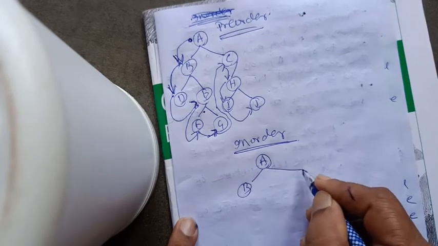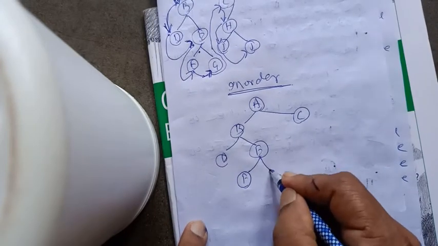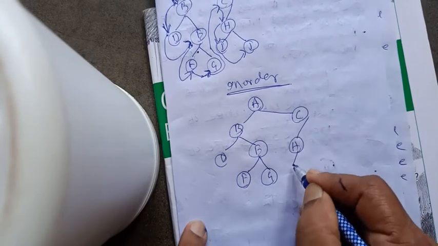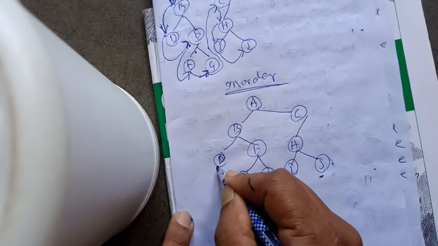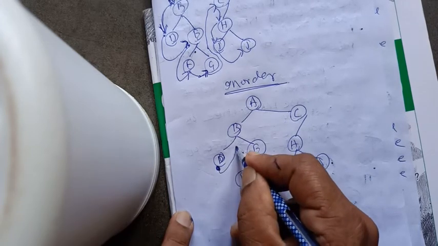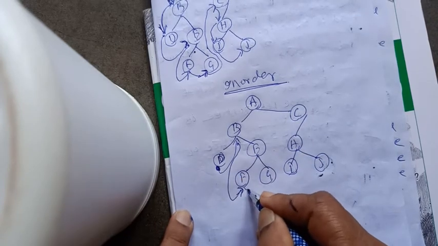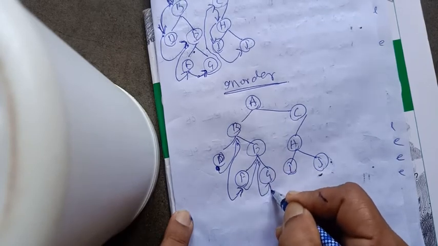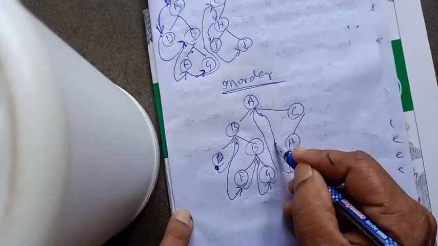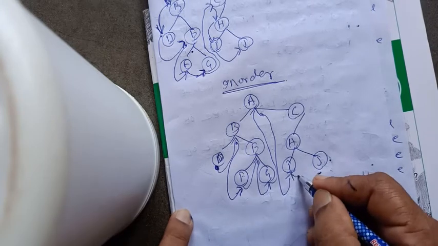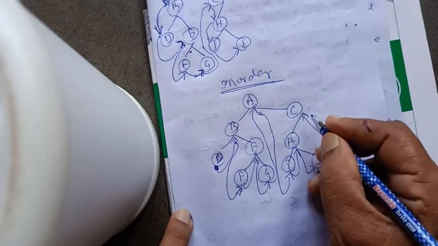A, B, C, D, E, F, G, H, I, and J. So when we perform in order, the first node that we will process is D. We will start from here, then we will process B. Then from B we have to move to F, then we will move to E, and then we will move to G, and from G we will move to A. Okay, so after processing A, we will again move to I, then from I we will move to H, from H we will go to J, and from J we will go to C. Then C doesn't have any right.